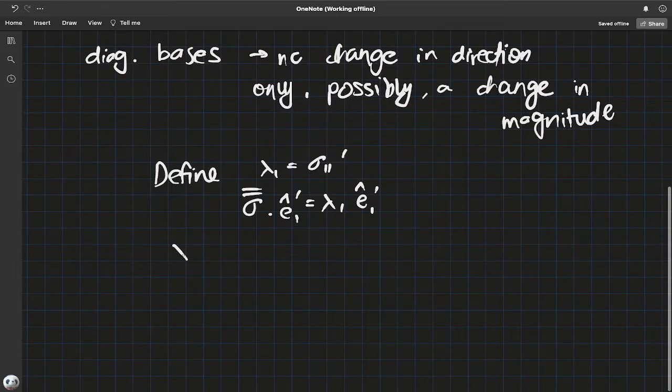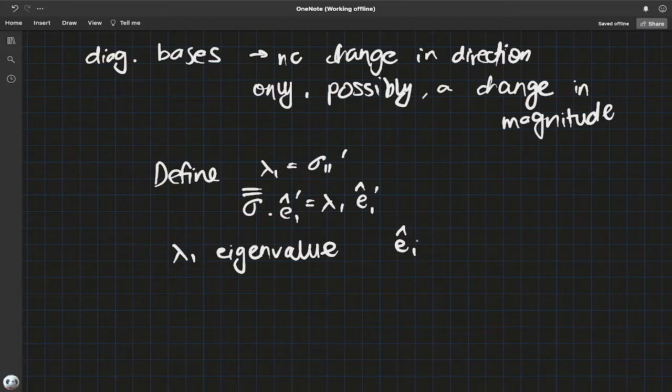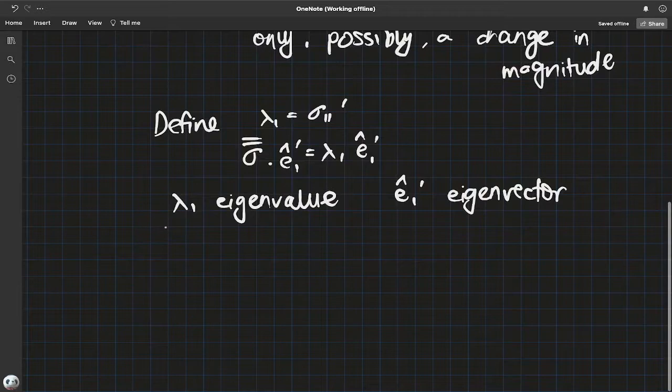So now this lambda 1 is what we call an eigenvalue, and e1 prime is what we call the eigenvector, corresponding to which we have an eigenvalue lambda 1. And believe me, this is the same language we used for the eigenvalue eigenvector video in linear algebra.